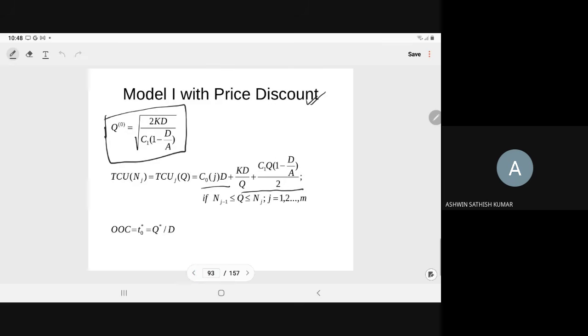Q naught is root of 2KD upon C1 into 1 minus D upon A, and TCU is C naught D plus KD upon Q plus C1 Q into 1 minus D upon A upon 2, because we have the procurement cost plus setup cost plus holding cost.